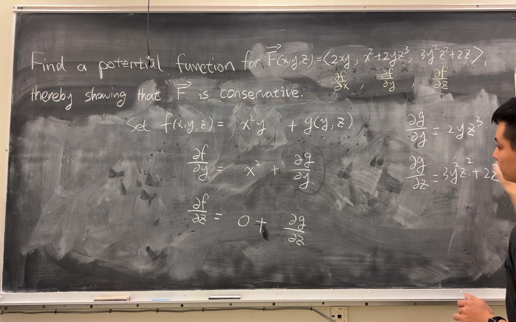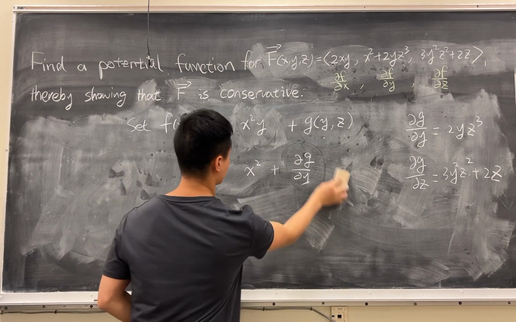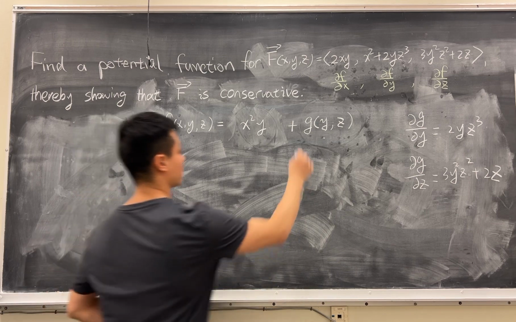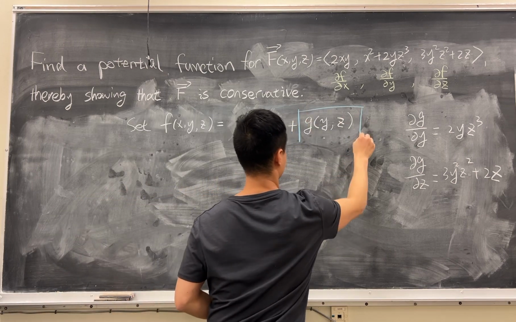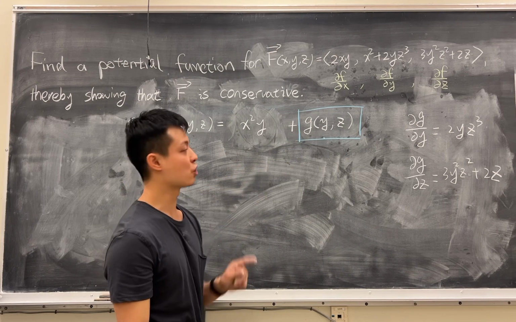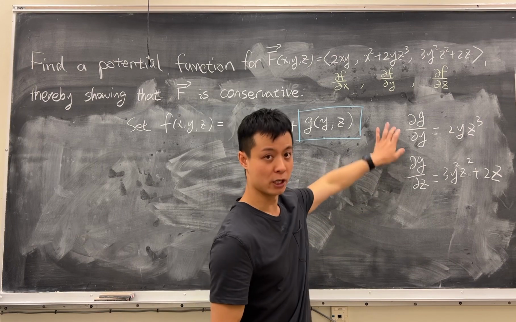Now we can erase these two equations to save us some space. The next step is that we're going to find this function g of y and z by making use of the information here.